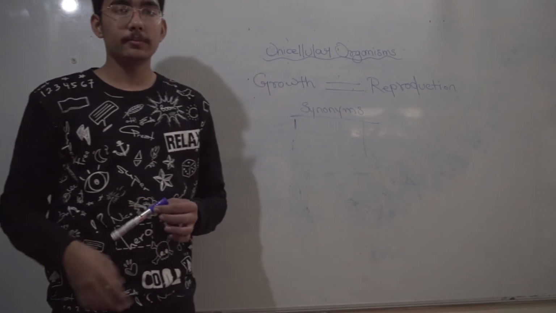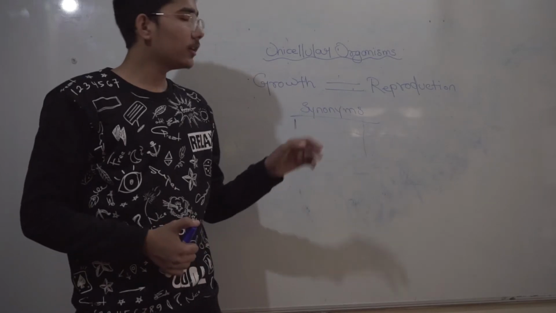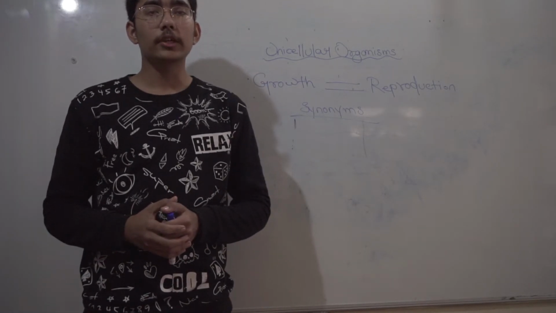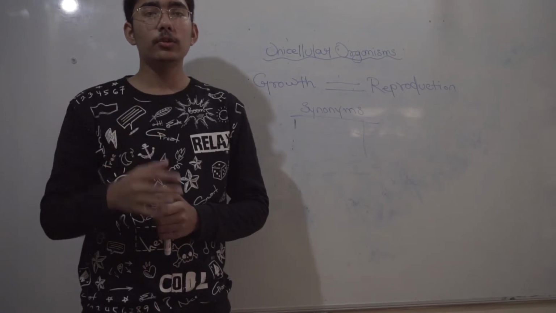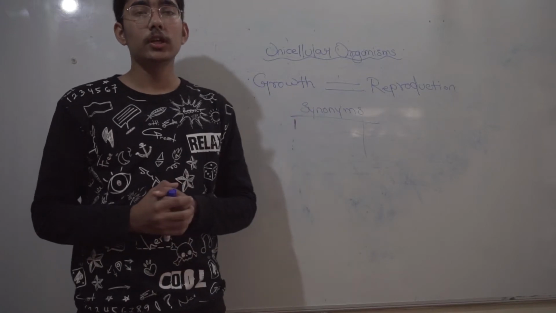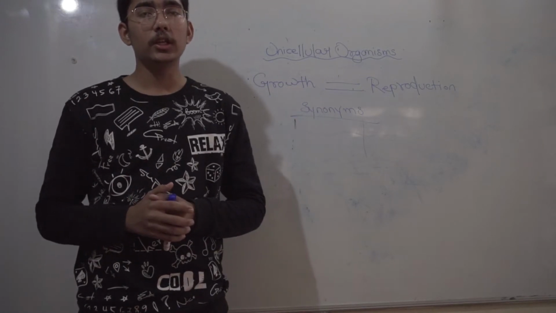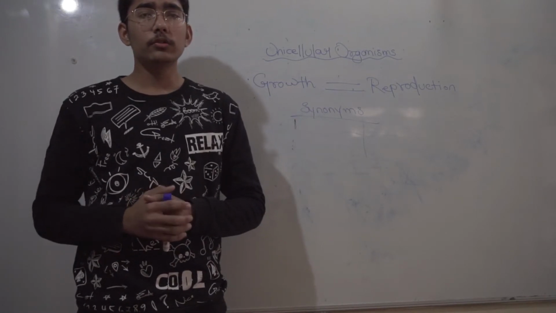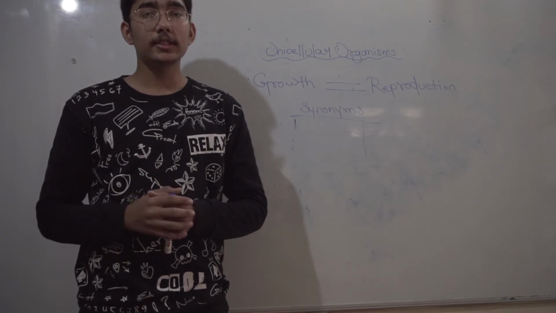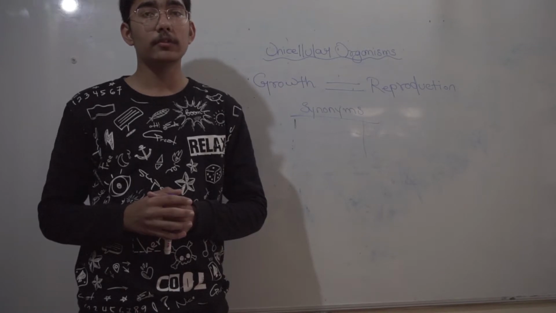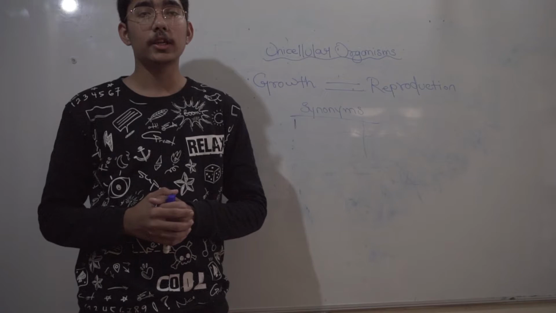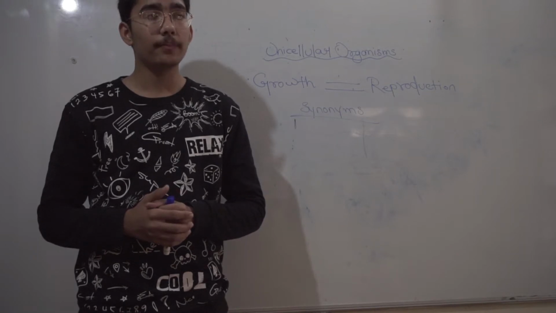How are they? So, how does growth occur in any individual or organism? There are two modes through which growth occurs in any individual. In the first case, the cell size may increase, or in the second, the cell can divide itself to form new cells and growth can be shown.